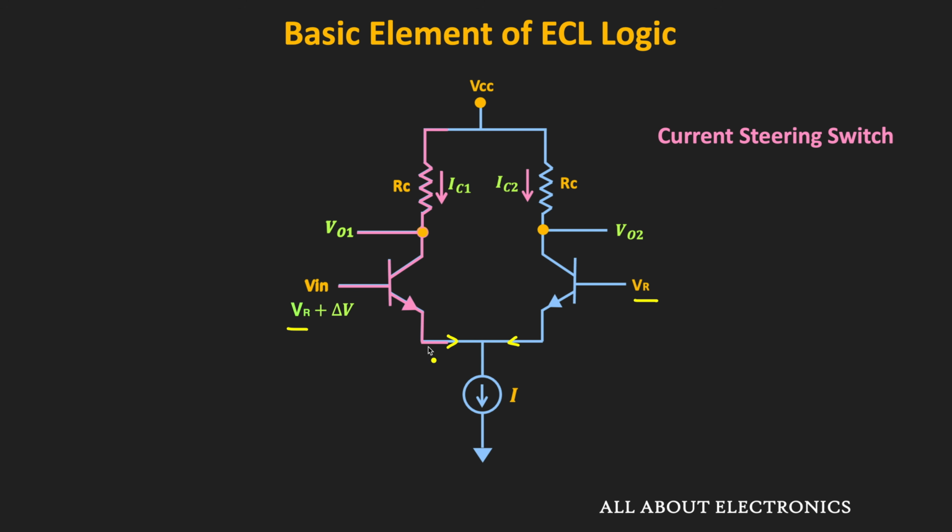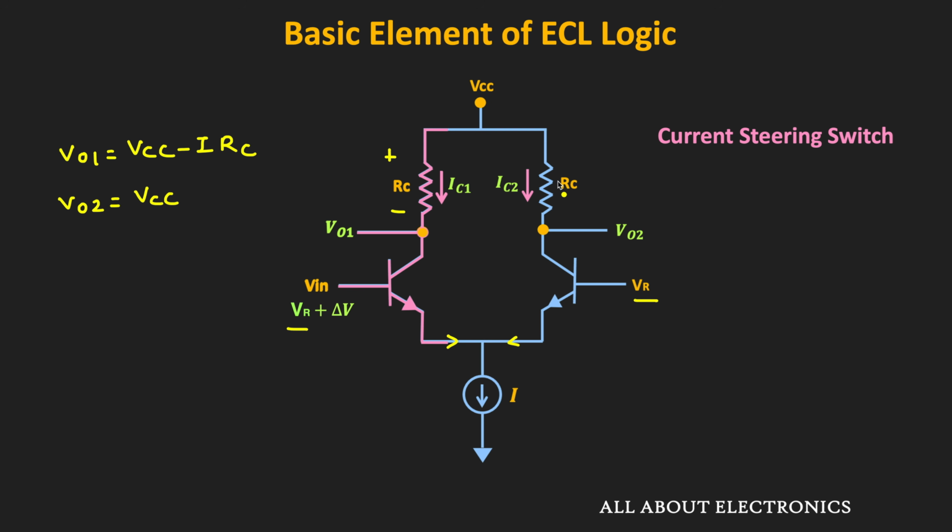At that time, VO1 is equal to VCC minus I times RC, that is the drop across this resistor. And similarly, VO2 will be equal to VCC, because this second transistor remains in the off condition.